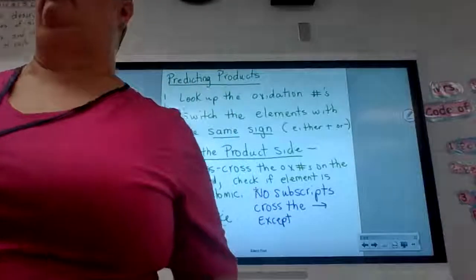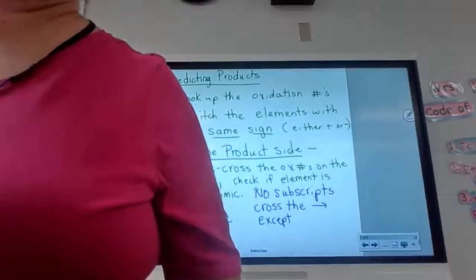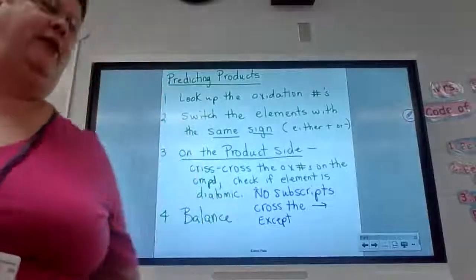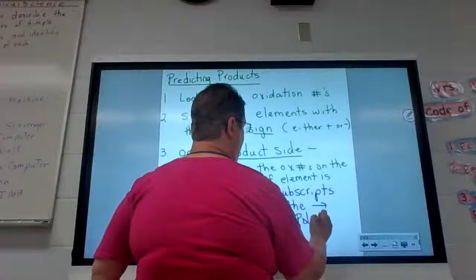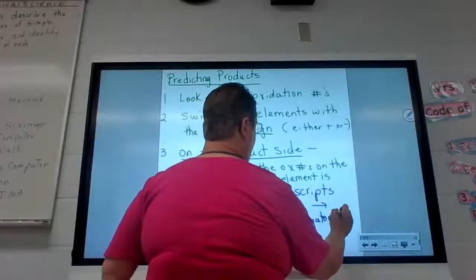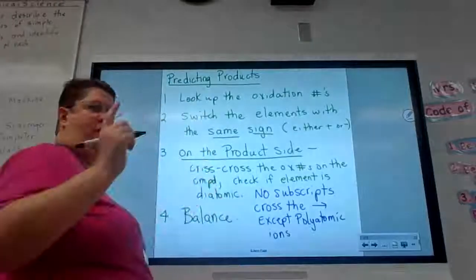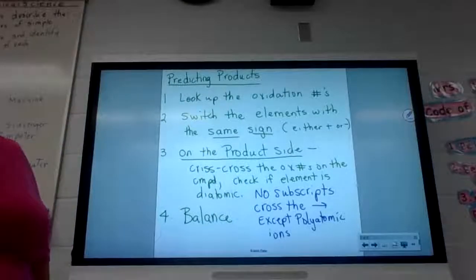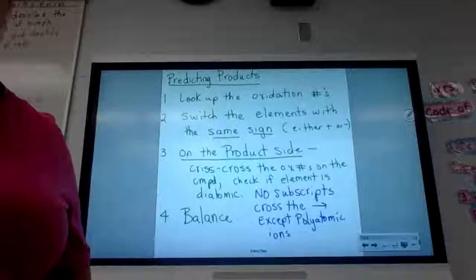No, no coefficients. They have to be part of something. What kind of ions? There you go. Except polyatomic ions. So if you look up sulfate and it says SO4, that 4 can go across. Nothing else. So no subscripts get to go across the arrow unless you're part of a polyatomic ion.